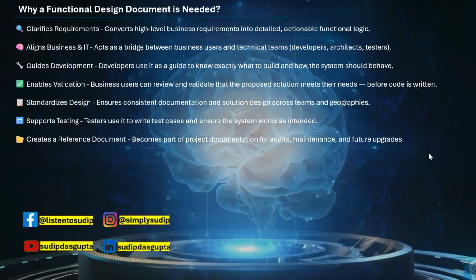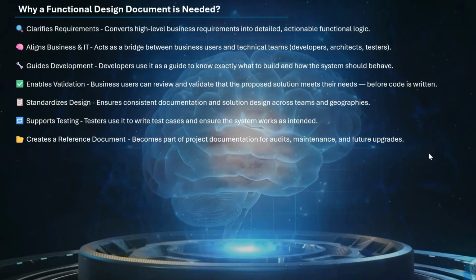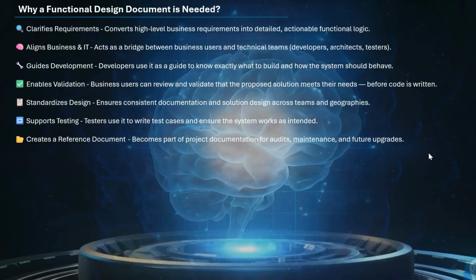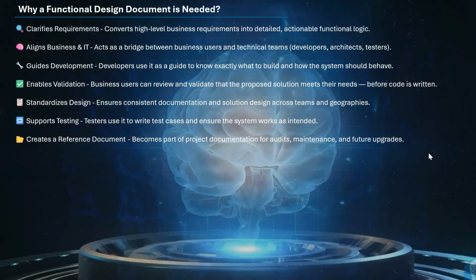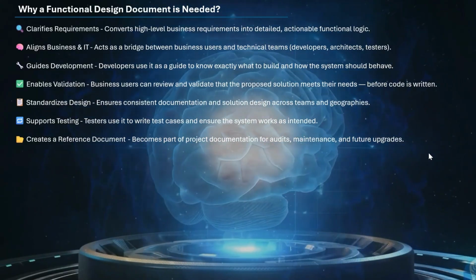Then it also acts as a development guide for the developers to read through the document and understand the business requirement and how the system should behave. Based on that, they can go ahead and design the system, write the code, and all that.